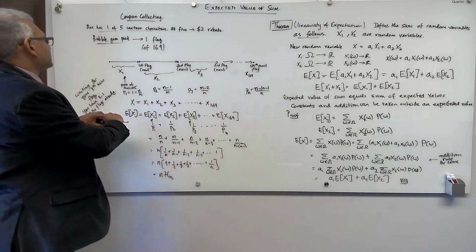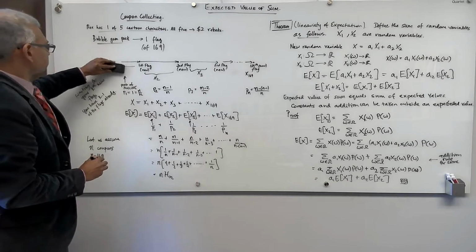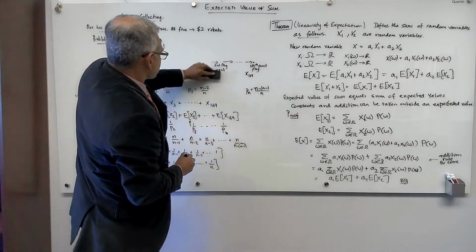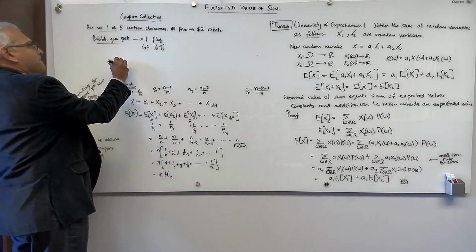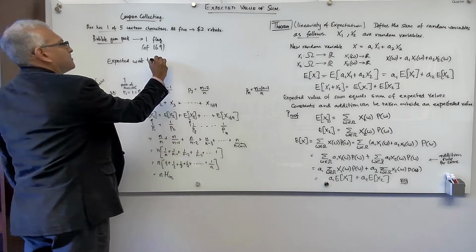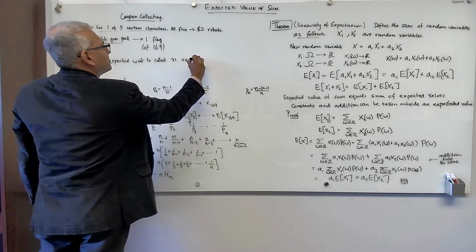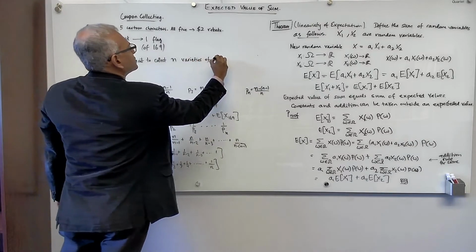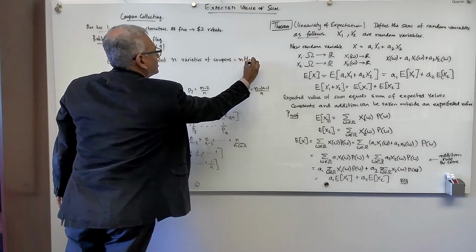So let's summarize this. The expected wait to collect n varieties of coupons is equal to n H of n, the nth harmonic number.